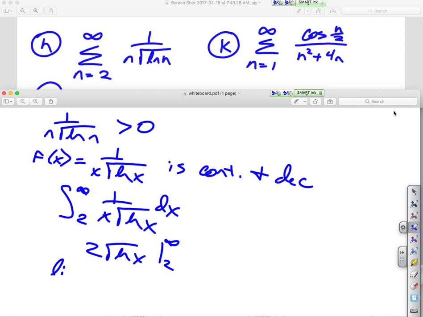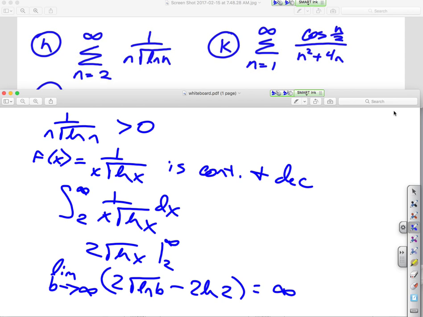So we're technically doing the limit as b goes to infinity of 2 and that equals infinity, and therefore this series diverges, integral test.